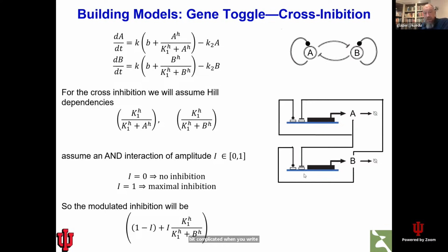But again, think about the limits of this. If I is 0, then I get 1. And so if I is 0, I have no inhibition. If I is 1, 1 minus 1 is 0. I just get K1 to the H over K1 to the H plus B to the H, which is my inhibitory Hill function.